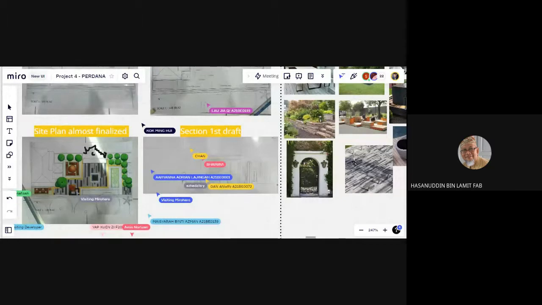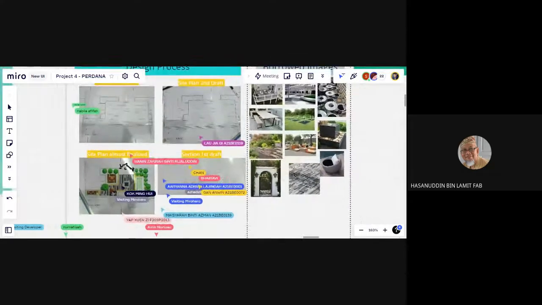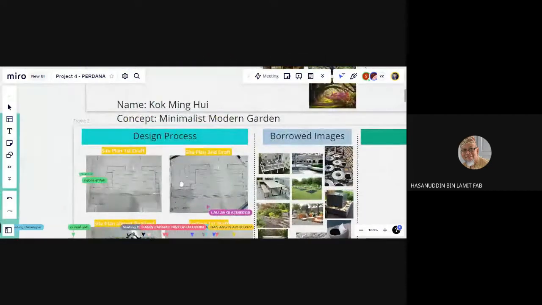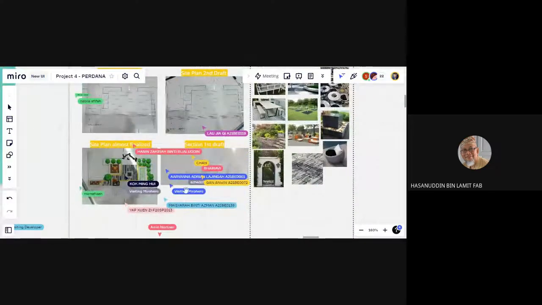You understand? This is a separate planting, only meant to be shared with the gazebo or the shelter, not keep it as they are. Similarly with this one also.